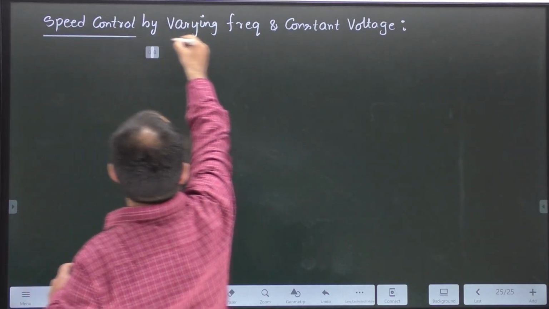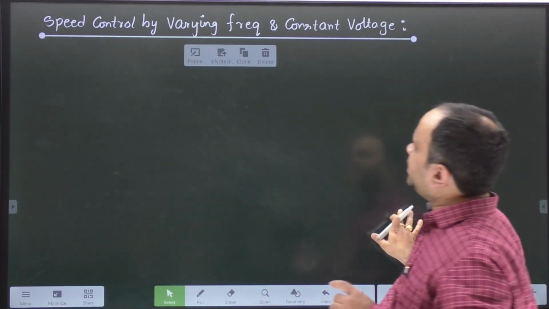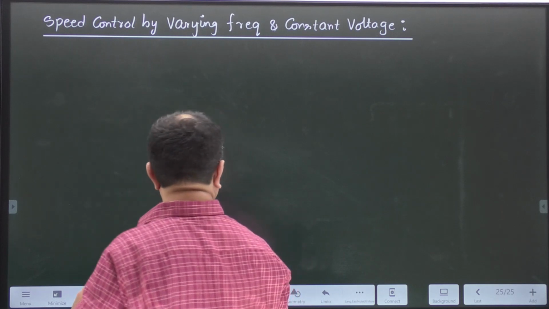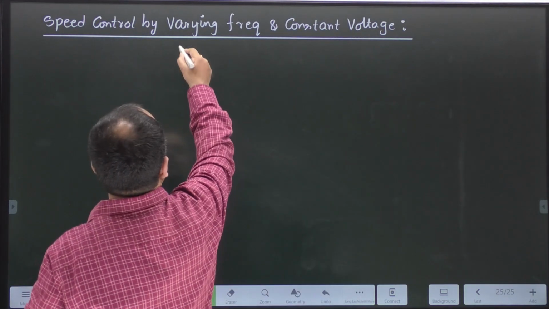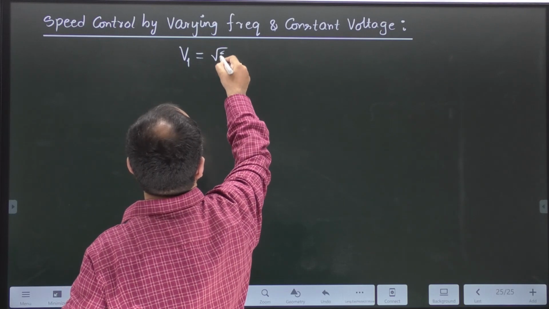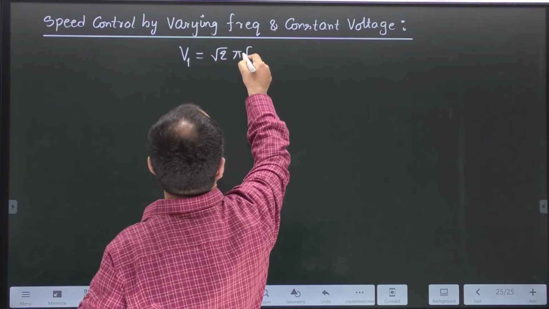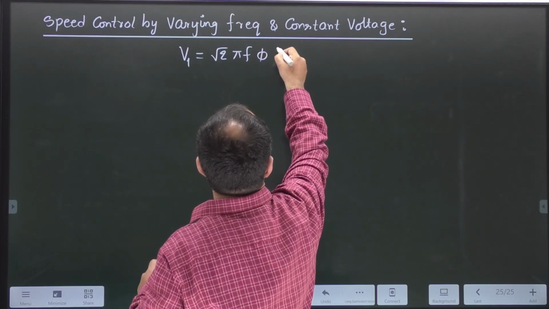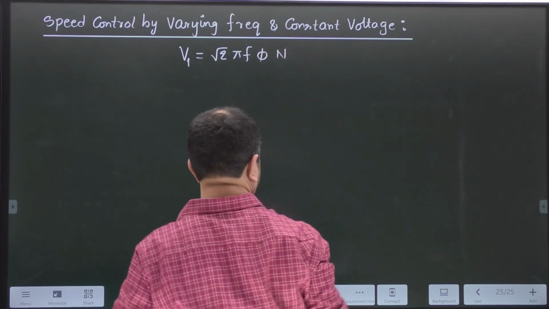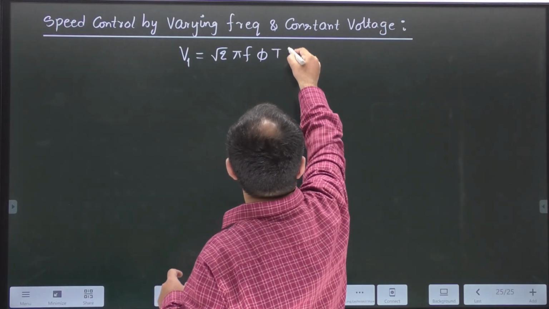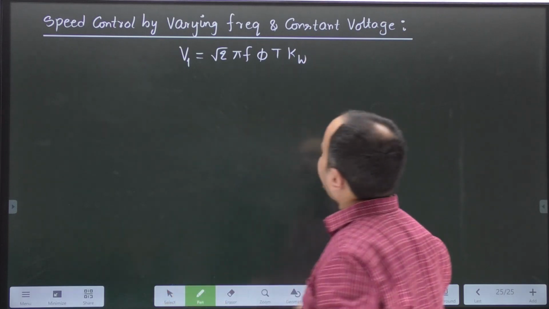Now if you see the EMF equation of a three-phase induction motor, we can write it like this. V1 is equal to root 2 pi F, flux into number of turns, let us use another symbol, T, into winding factor.